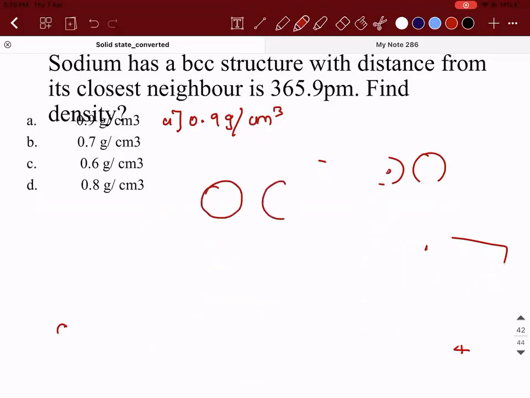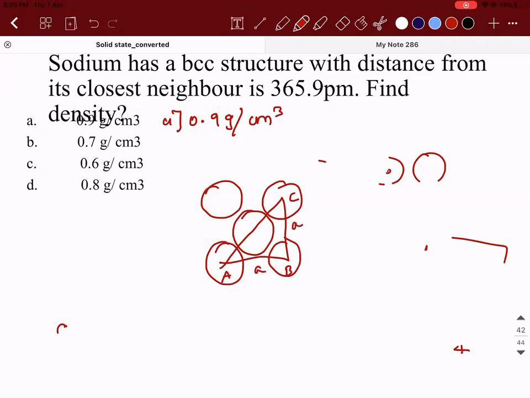See, I have drawn all the 4 particles. This is present at the center. I have taken one hint. Take this A, B, C. This is 4R. Calculate AC square, for FCC, is equal to AB square plus BC square.